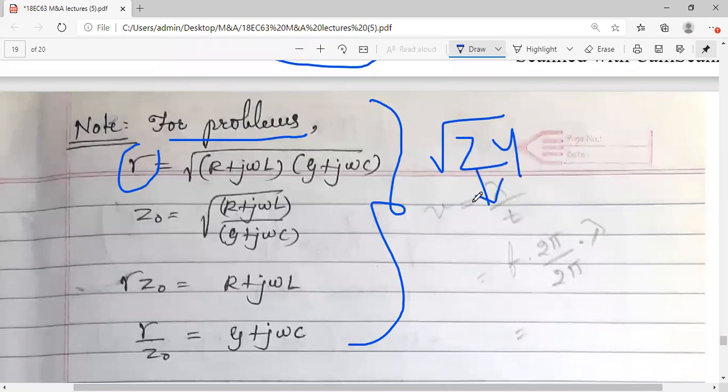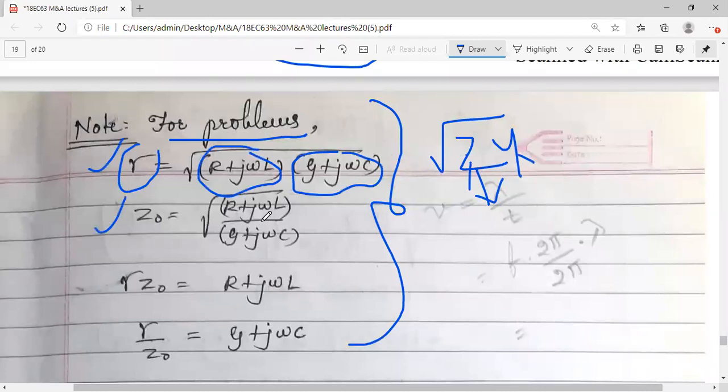From this itself, we started the derivation. Then we went for z and y substitution, binomial expression, and finally we got the expression for gamma. So gamma is equal to root of zy. z is the series impedance, y is the shunt admittance. z is r plus j omega l, y is g plus j omega c. This is the most frequently used expression in the problems.